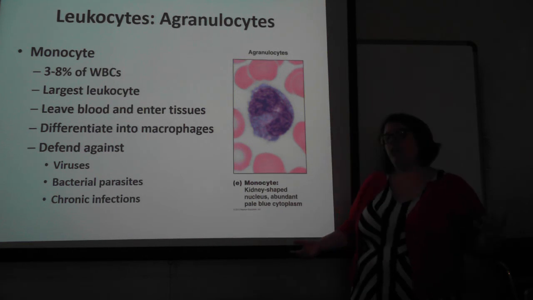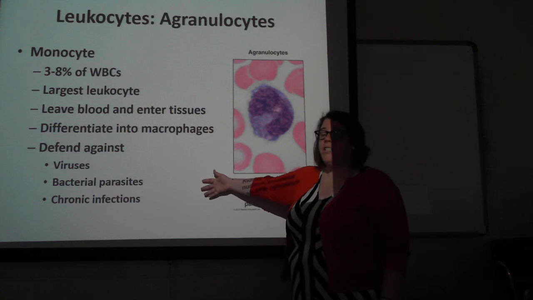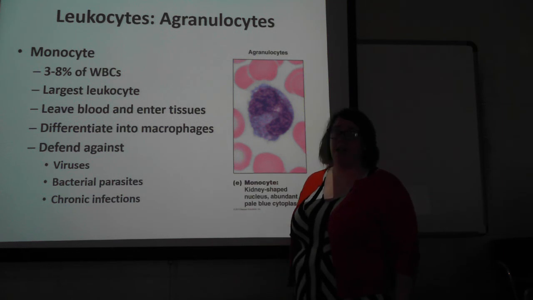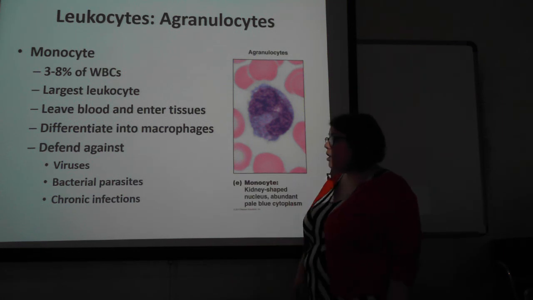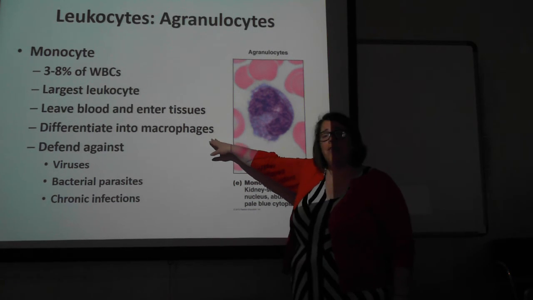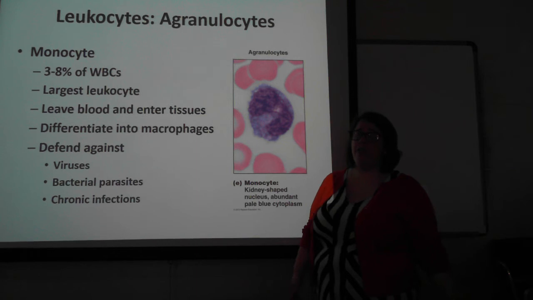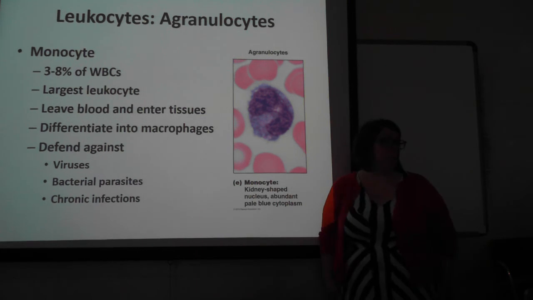They're just going to look a little different, and they're going to work in a slightly different location. And it has a pretty broad range of targets: viruses, bacterial parasites, chronic infections. And if you remember, that's the cell that actually helped us to destroy worn out erythrocytes. So it plays a lot of roles.